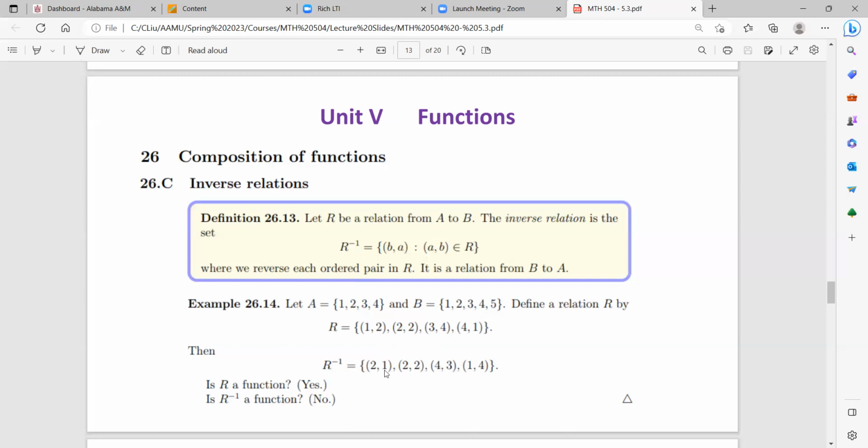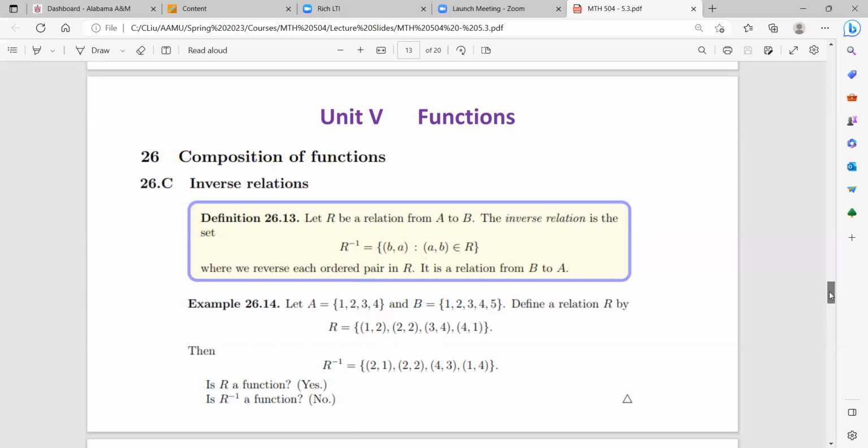But if you look at the inverse relation, you see you have two ordered pairs with the same first coordinate. So that's not a function, right? It maps one number to two different numbers in R inverse. So that's not a function. So it happens a lot of times that the inverse relation of a function is not a function.